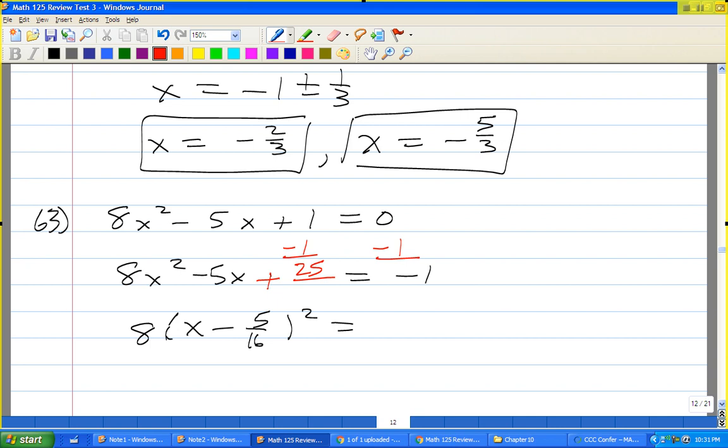Divided by 8 is 32. So you've got to add 25 over 32 to the other side also.